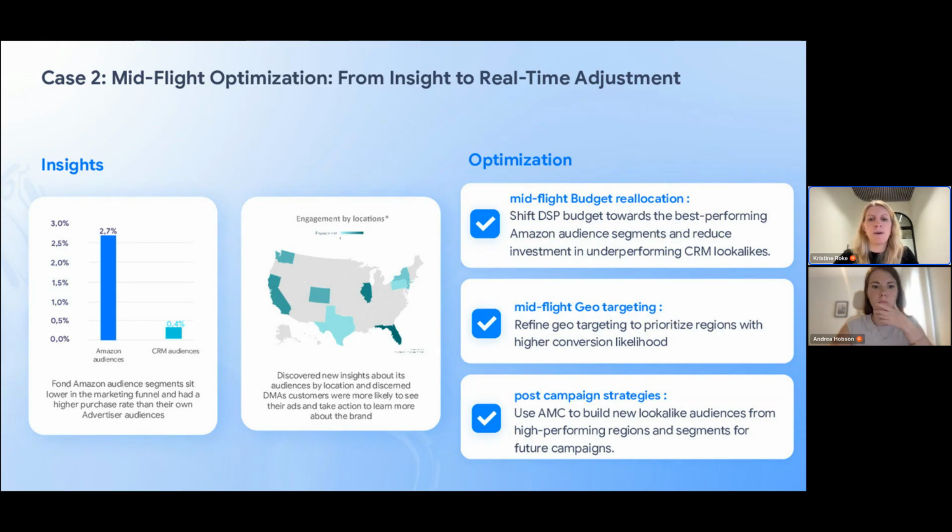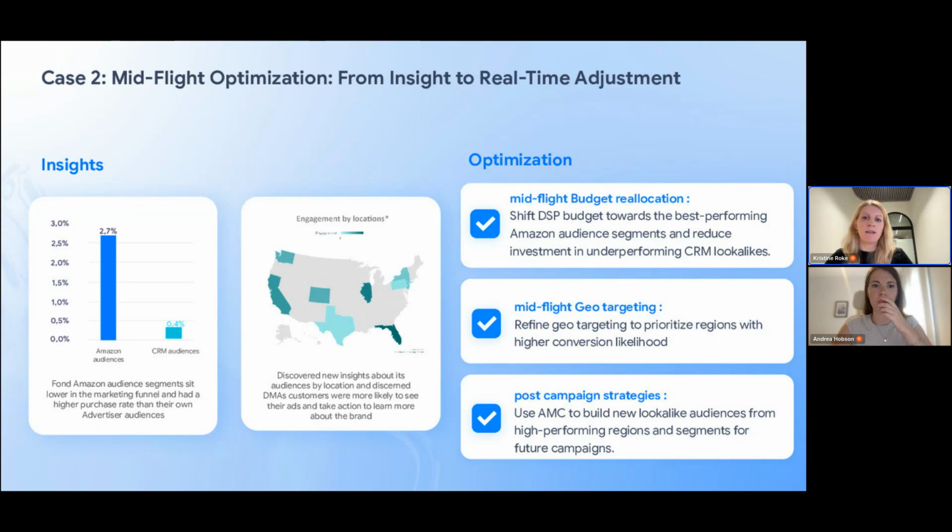They also optimized their geo-targeting, focusing investments in the regions that were actually driving sales. And moving forward, also after the campaign, they could build new lookalike audiences based on these high-performing regions and segments and use them in future campaigns as well.